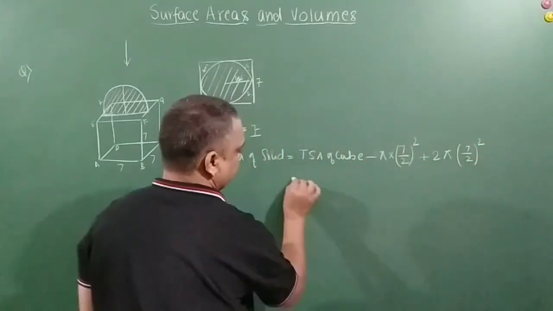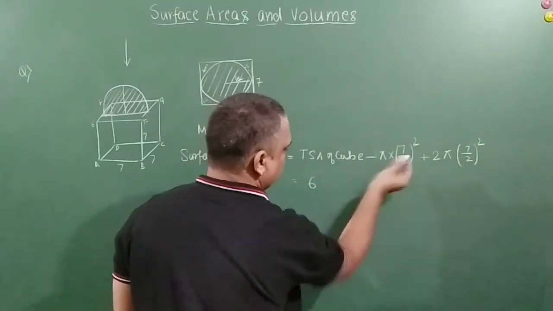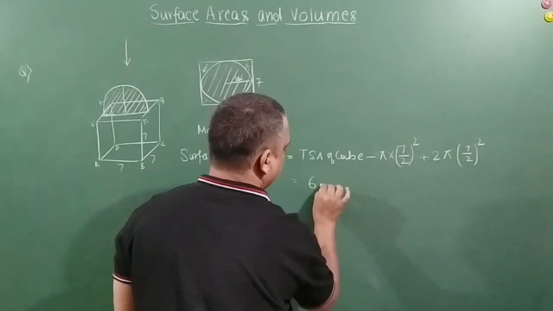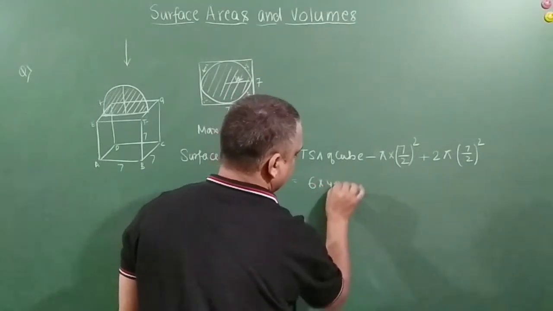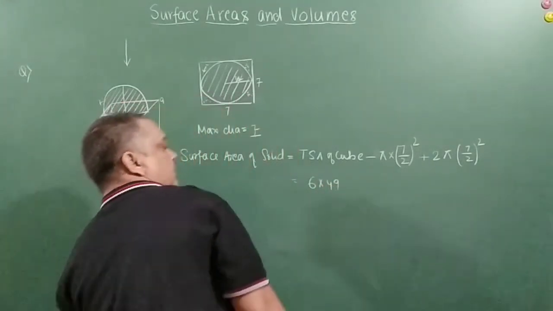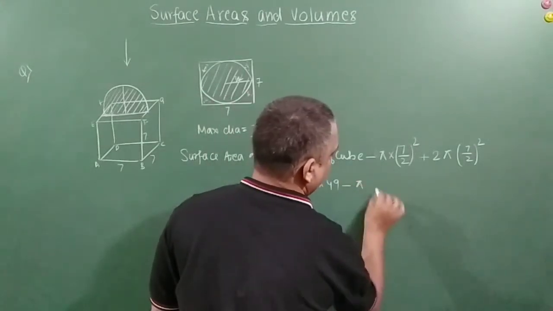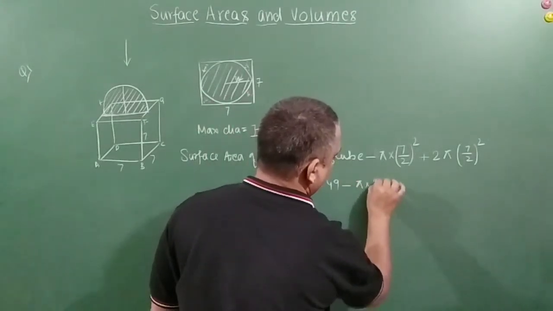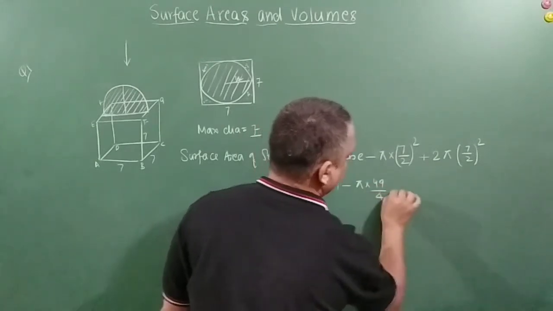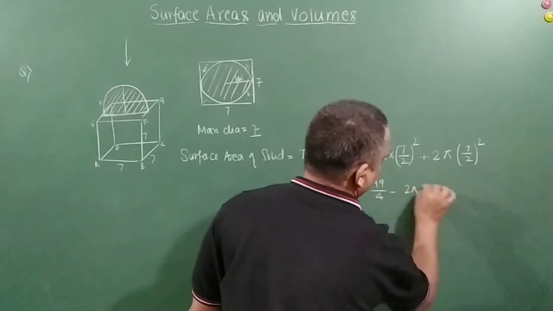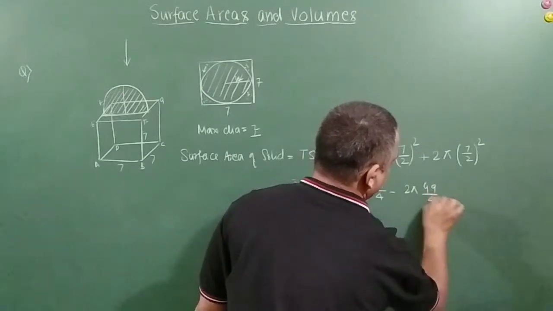This is correct, right? So 6 into 49, 6 L square minus pi into 49 by 4 plus 2 pi into 49 by 4.